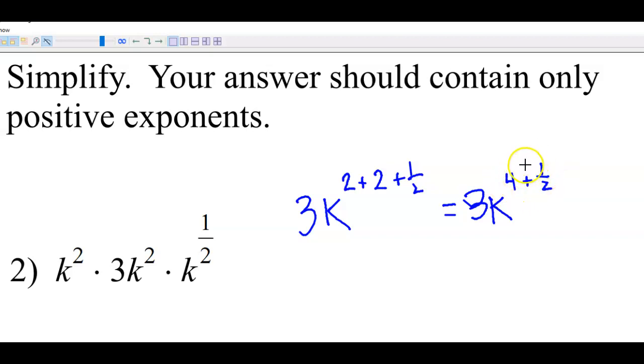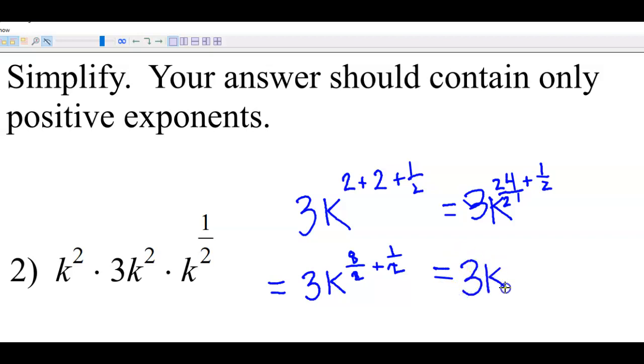Now again, I need to get a common denominator here, so I can think of 4 as 4/1, and this one would need to be multiplied by 2/2 in order to get the same denominator as 1/2. So this would equal 3k to the 8/2 plus 1/2, which would equal 3k to the 9/2. 8/2 plus 1/2 is 9/2.